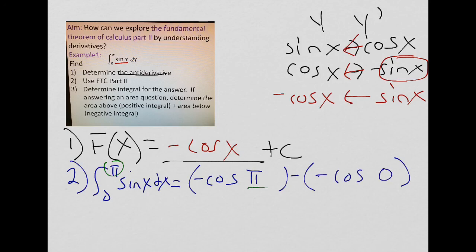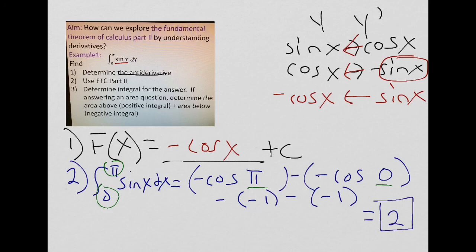Please show the substitution, it's the most powerful thing. And then we evaluate. We should know that cosine of pi is negative 1, and we should know cosine of 0 is 1. So we have a negative 1 minus a negative 1. This actually becomes 2.